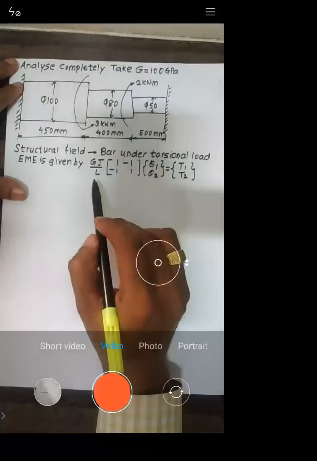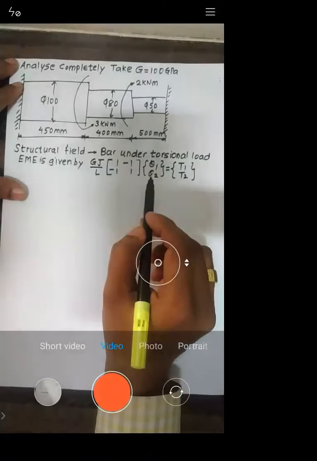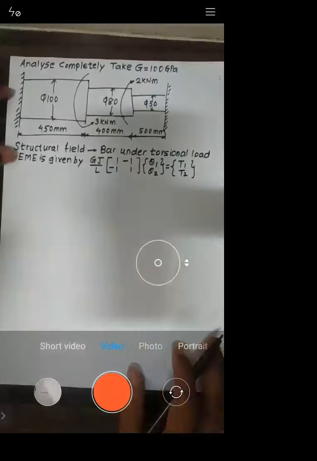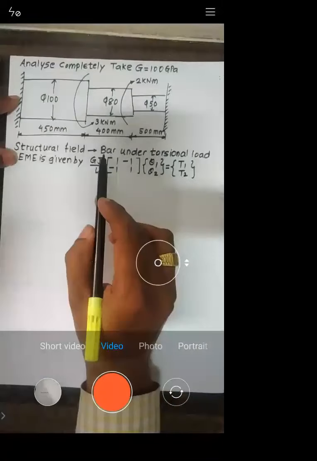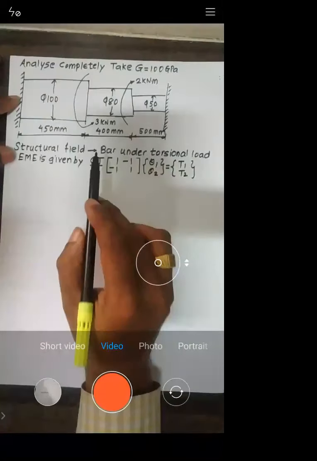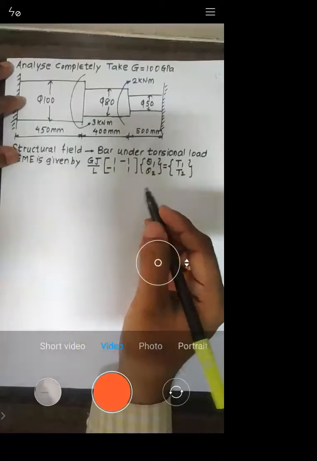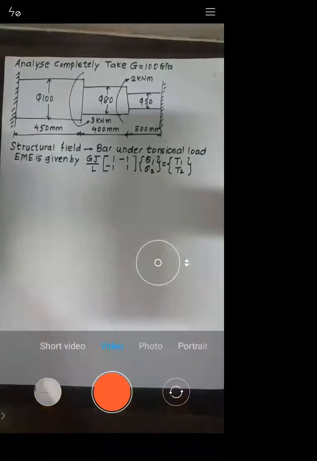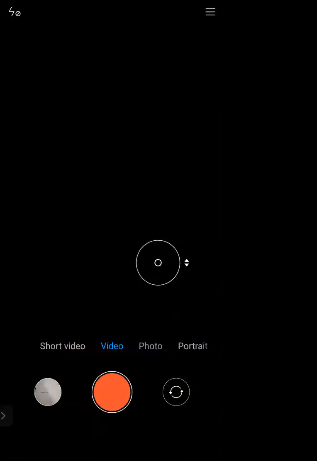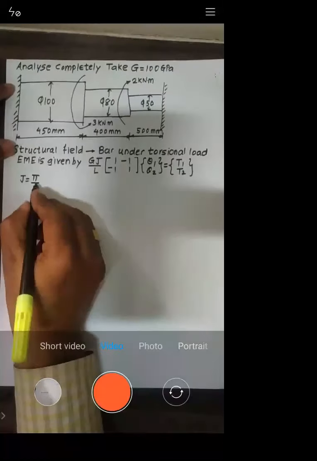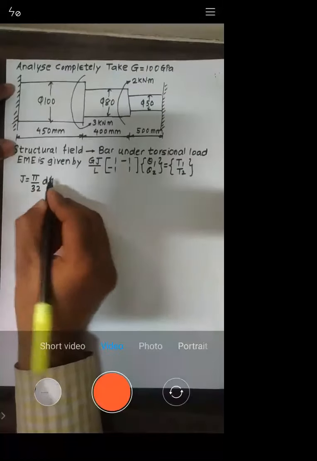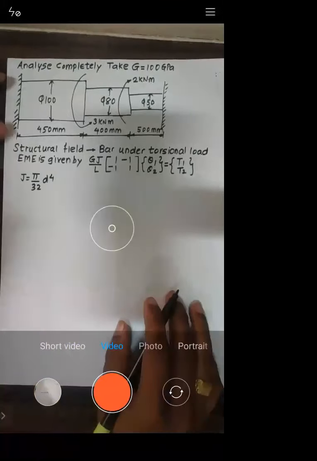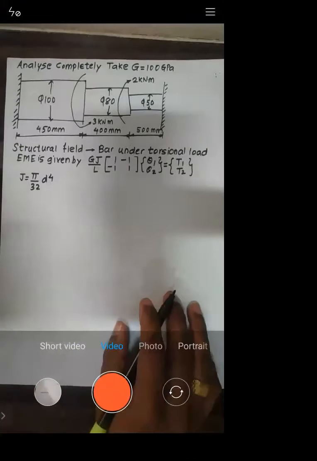For that you should know J, where J is called the polar moment of inertia. As this is a circular cross section, we need to calculate the polar moment of inertia. The formula for J is pi by 32 d raised to power 4. This is the value of J when it is circular.